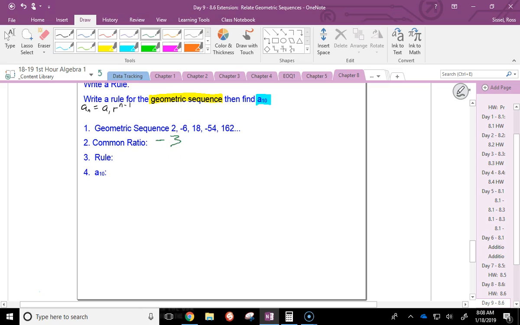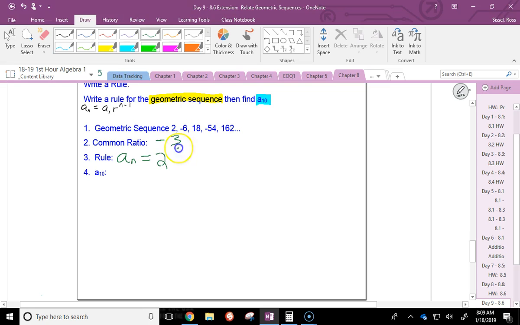First thing, write the rule. The rule is going to follow this part. I'm going to copy this. My rule is a sub n. Remember, n means whatever term I want to go to, equals my first term. What is my first term? 2, times r.